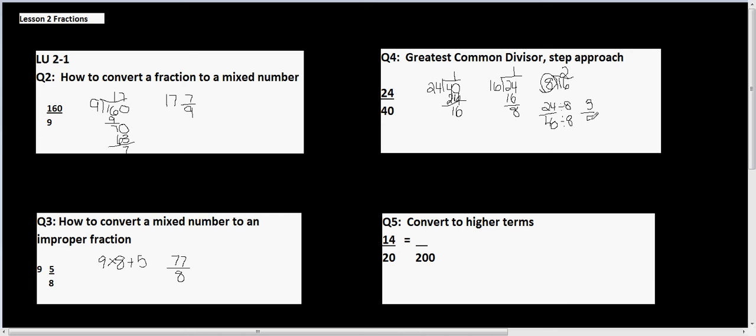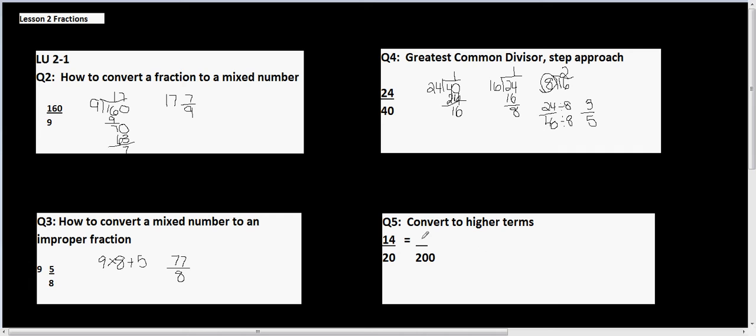So what we're saying here is that 24/40 is equivalent to 3/5. The greatest common divisor again is 8. 9 would not go into either one of these numbers evenly. Neither would 10. 8 is the largest number for your greatest common divisor.